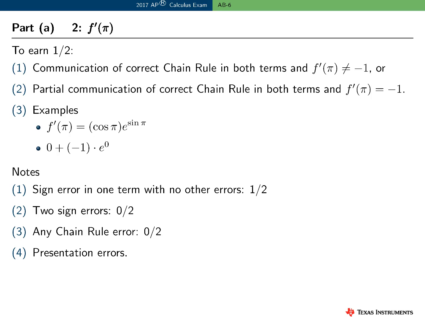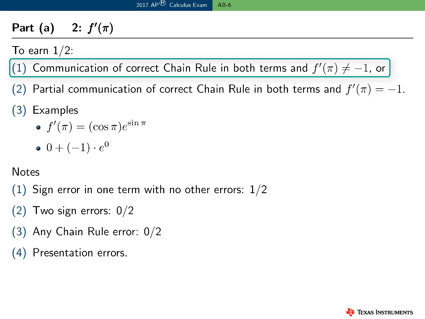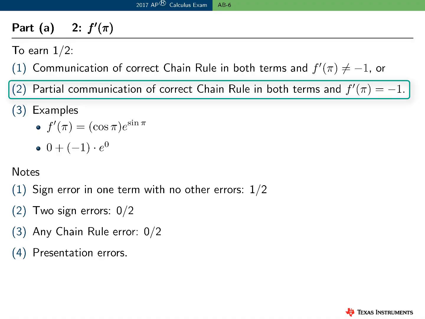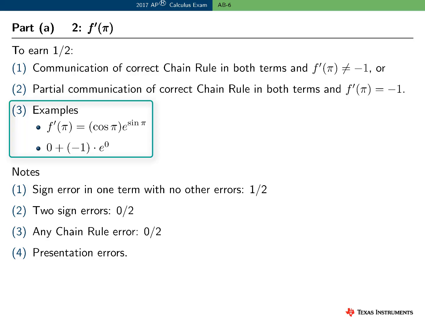Here are some common ways that a student could earn 1 out of the 2 points in Part A. First, they could communicate the correct chain rule in both terms, but end up with an answer for f prime of pi different from -1. Or there could be partial communication of a correct chain rule in both terms and end up with a correct answer. And here are some common examples of how a student could earn 1 out of 2 points.